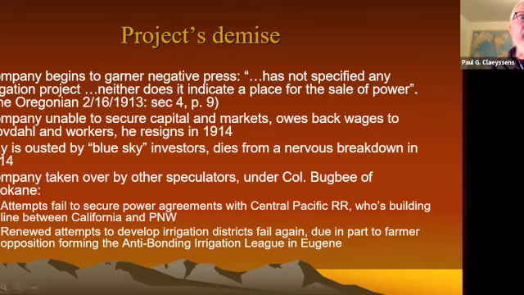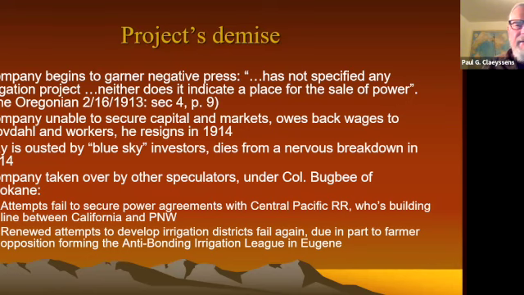So I'll pass through some of this stuff a little quickly. Basically, the company was still getting a lot of negative press in the local papers, the Oregonian, the Register Guard. They couldn't get enough capital. They couldn't get the markets to sell the power or the irrigation.